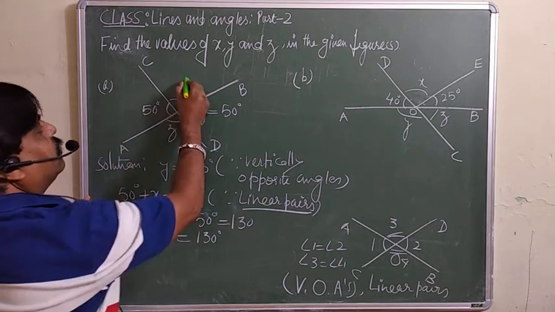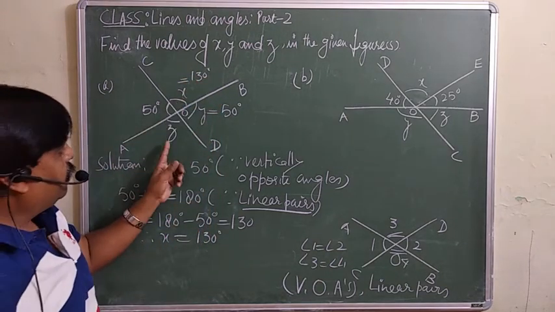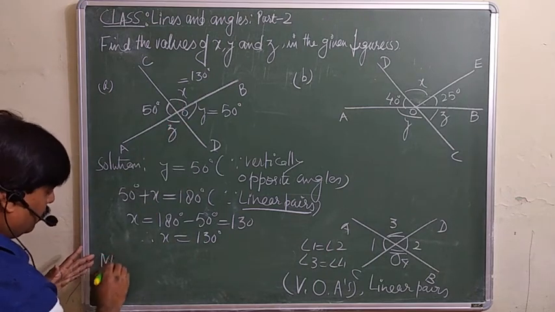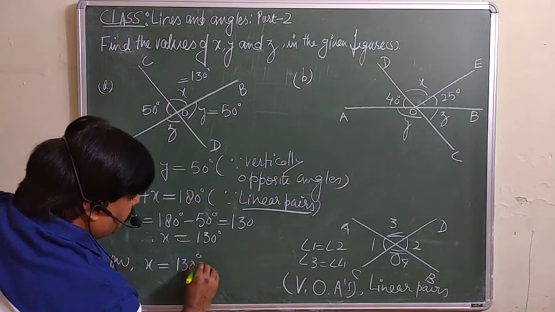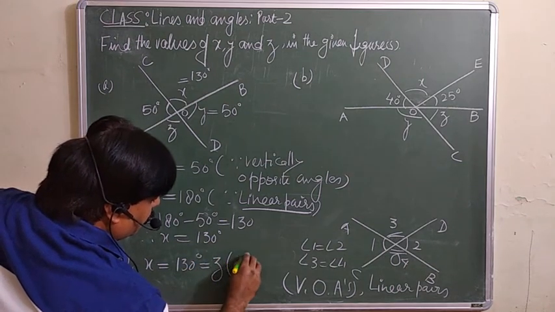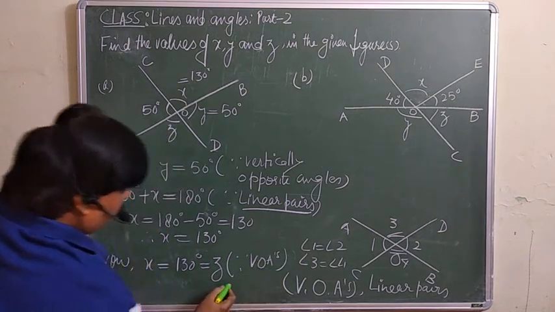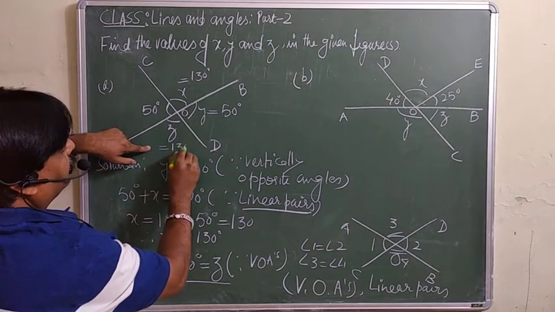Now this is your 130. And whatever is x, that will be equal to z. They are the vertical opposite angles. So now angle x is 130, equal to z, reason vertical opposite angles. So z is also 130.